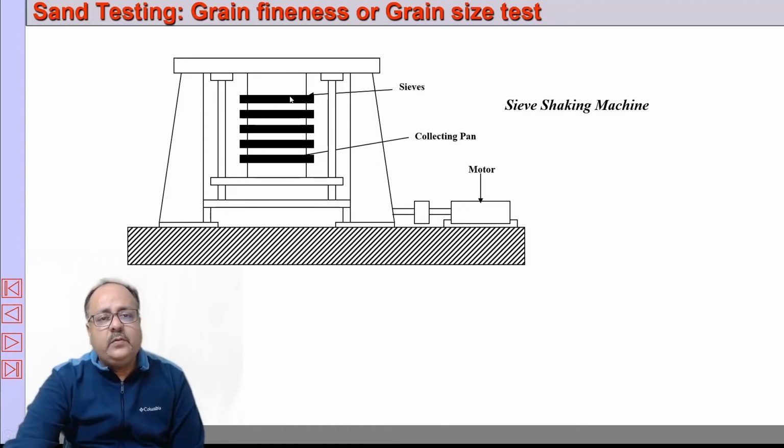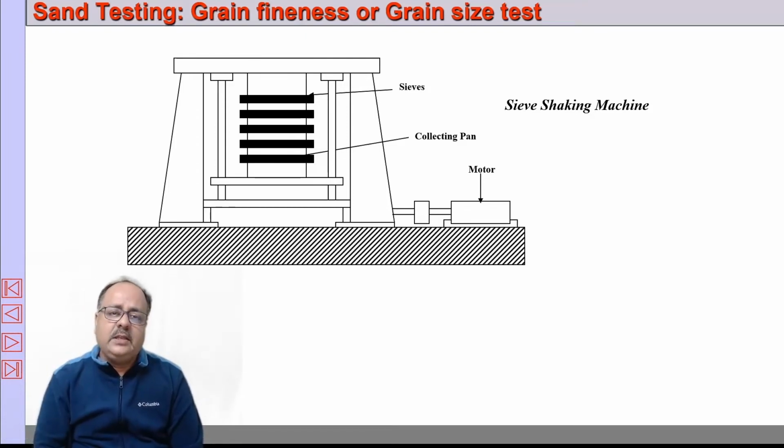The more open sieves are placed on the top and the finest sieve is placed at the bottom. So finer sand will collect in the pans on the lower side, and the coarse sands will be collected on the pan on the upper side.